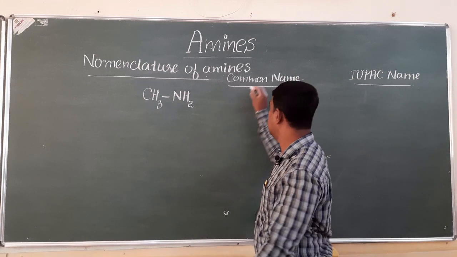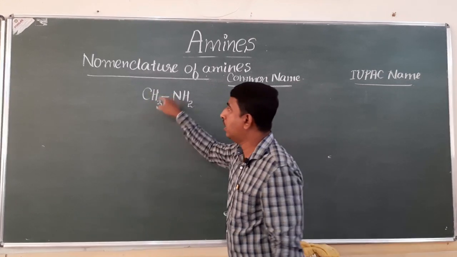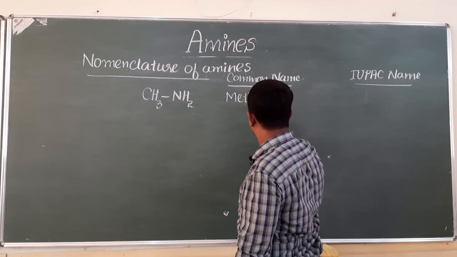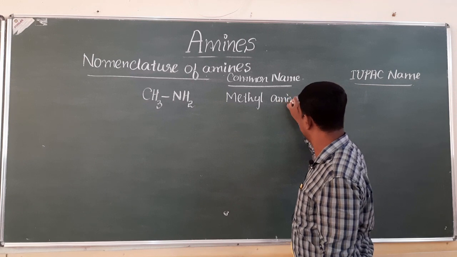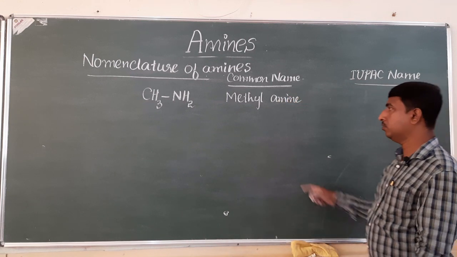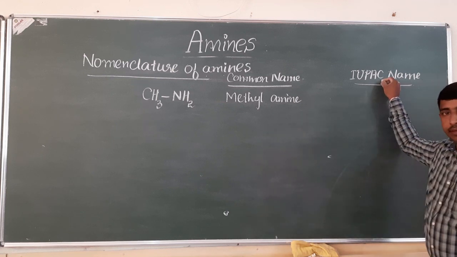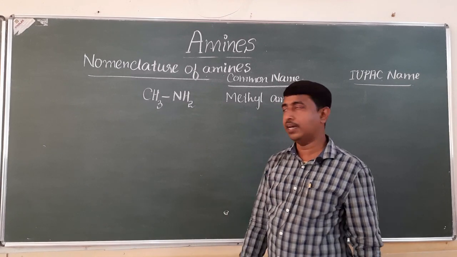CH3NH2. In the common system, this alkyl group is methyl, so it is methylamine. That is the common name. For the IUPAC name, I will first write the alkane by counting the number of carbon atoms.